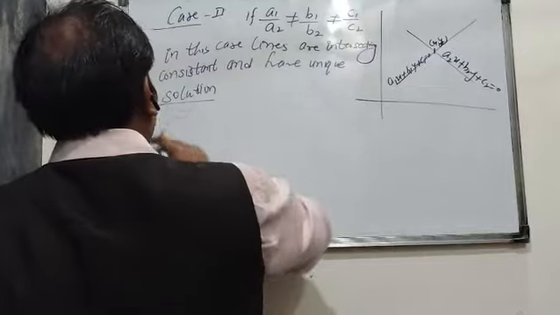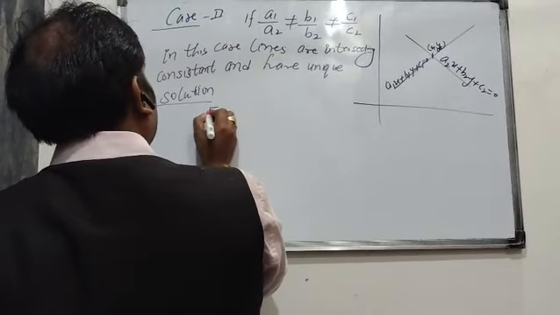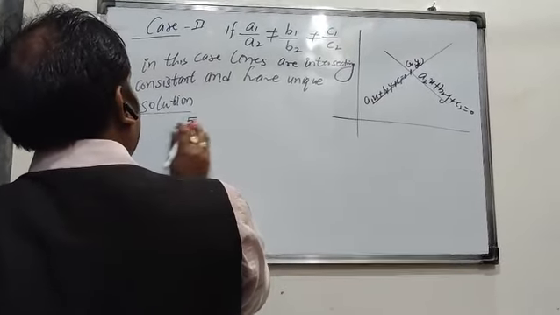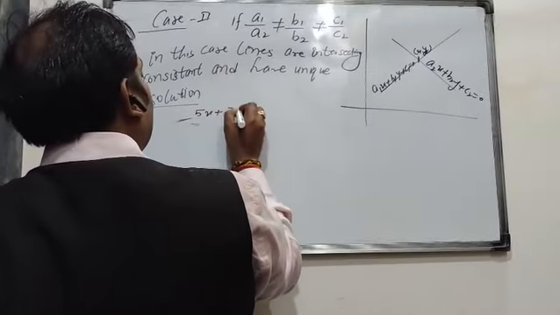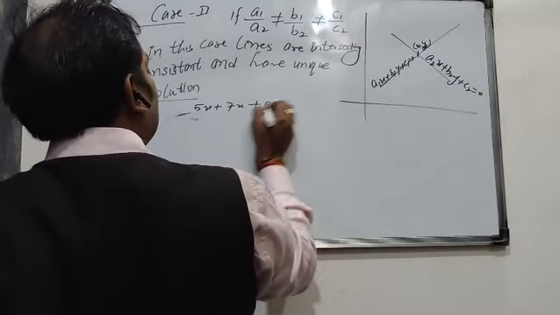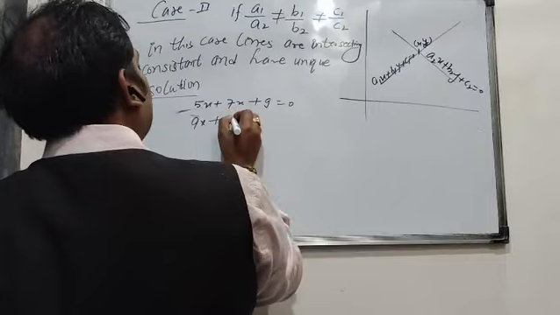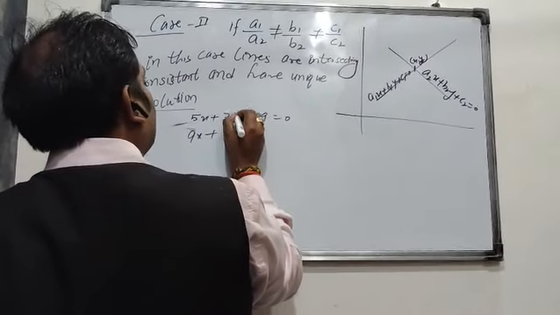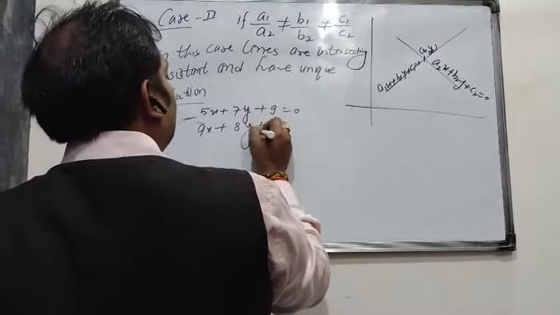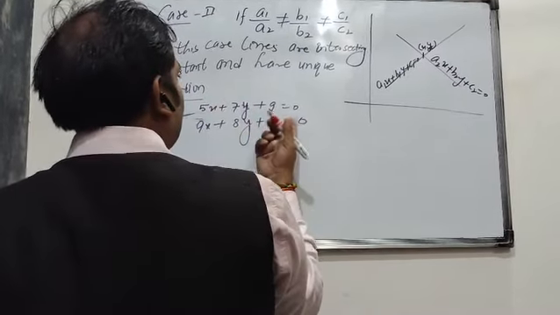For example, I am going to take a question. 5x plus 7y plus 9 is equal to 0. 9x plus 8y plus 10 is equal to 0.